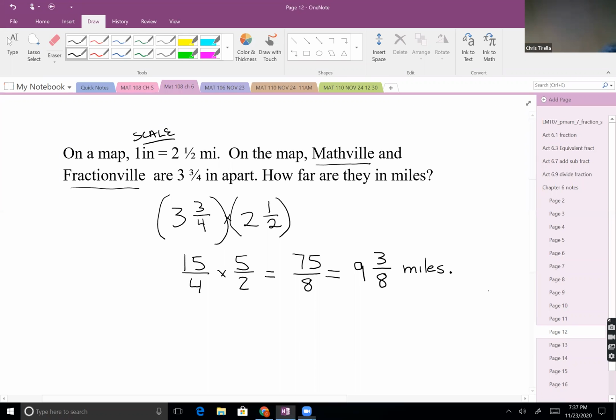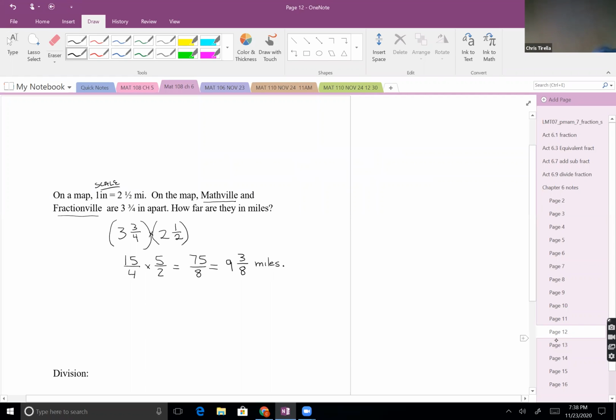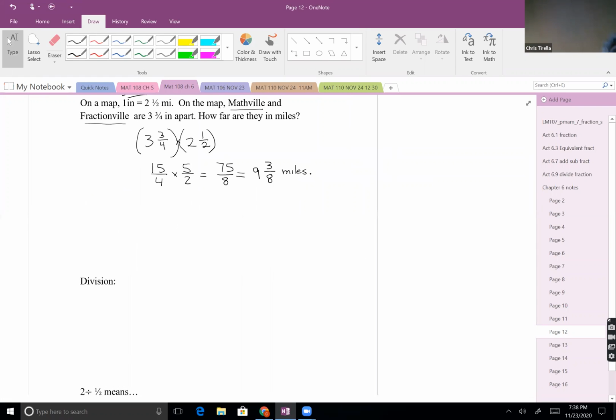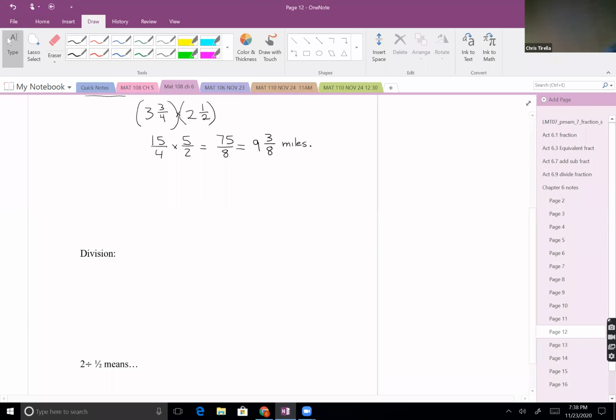So next we go on to the idea of the division of fractions. With the division of fractions, we can look at it in a couple of ways.